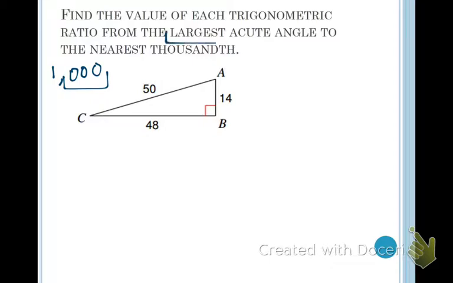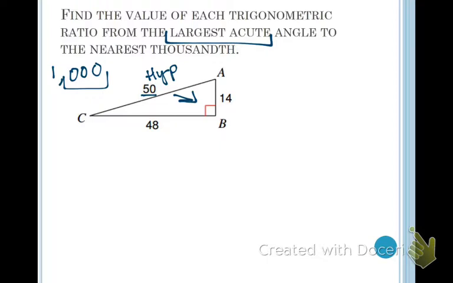We need to come from the largest acute angle. Why didn't I just say the largest angle? The largest angle would be 90. You cannot do SOHCAHTOA from 90 degrees. So, to figure that out, 50 is the hypotenuse, because it's directly across from the right angle.